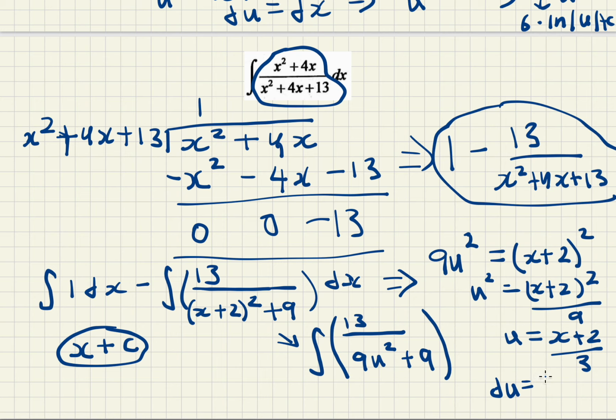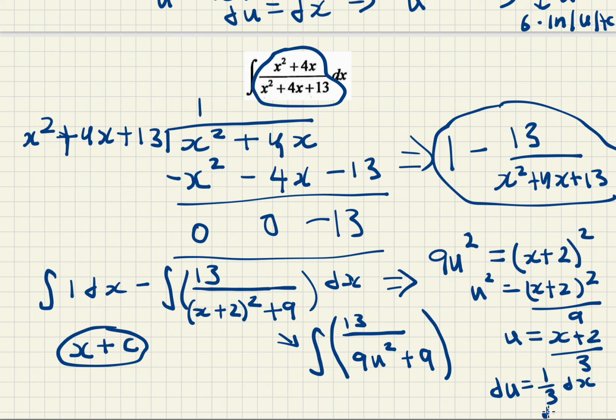It'll just be 1 over 3, right? So 1 over 3 dx.